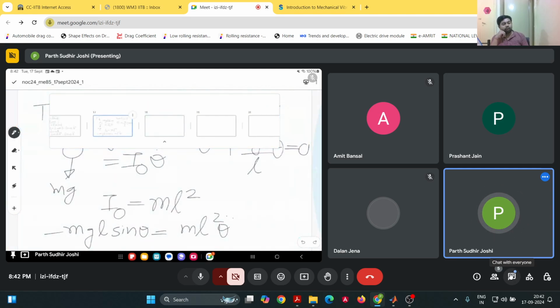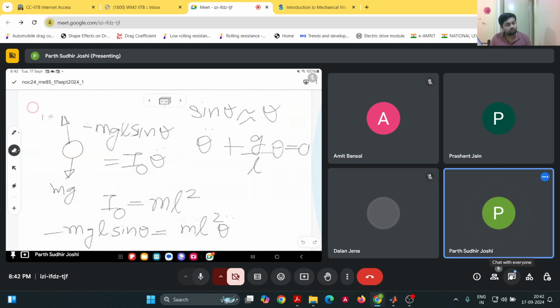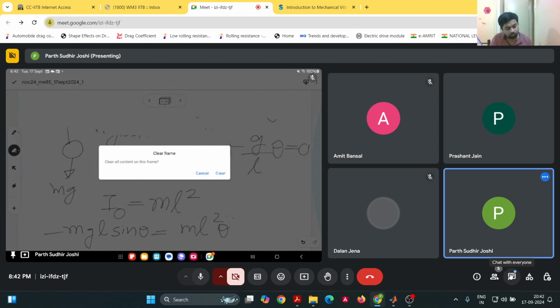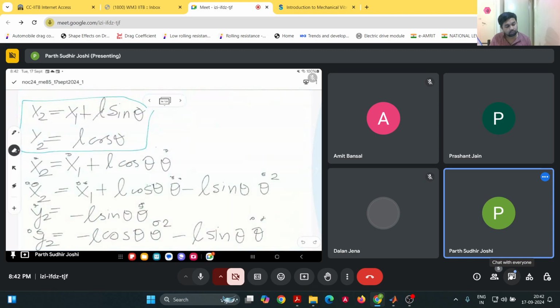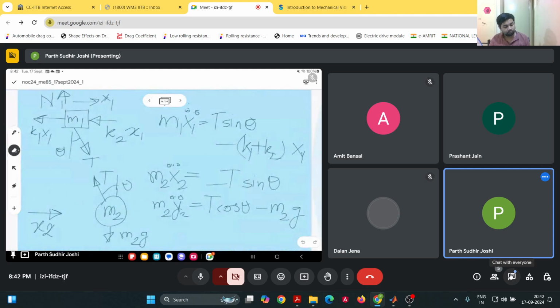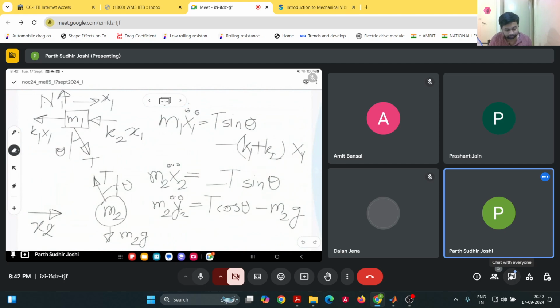If we come back to our original problem now, there will be only 2 degrees of freedom, so we have to combine these three equations of motion into two only, because only two are independent.